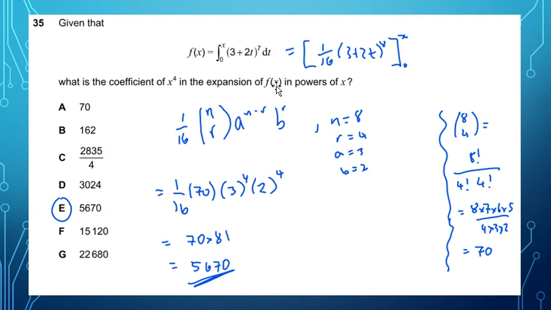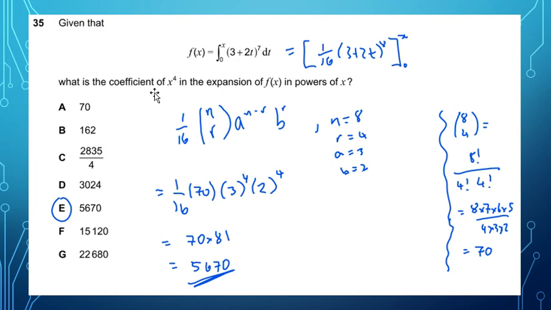So what we can do is just do that t integral. So that's just straightforward chain rule. Add 1 to the power, divide by the power, divide by the derivative of the inside. Between 0 and x, we can work that out.